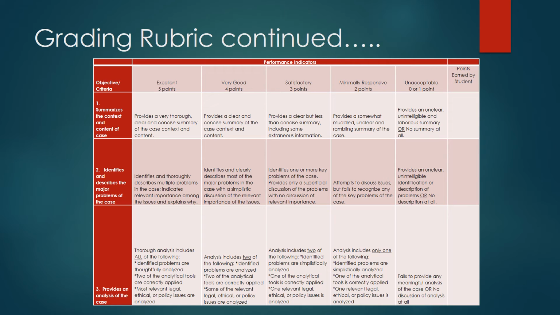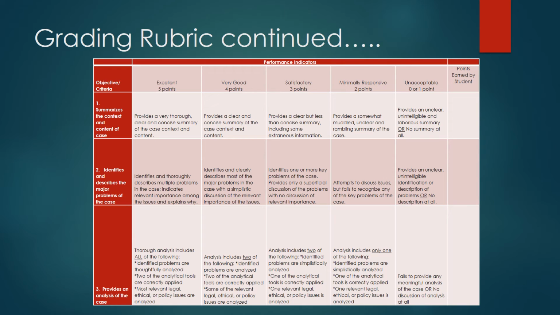The rubric that we're looking at here is the practice case analyses rubric. The reason that you can tell that it is the practice one is if you look across the top where it says performance indicators, and then you'll see 5 areas underneath that where it says excellent, very good, satisfactory, minimally responsive, or unacceptable.